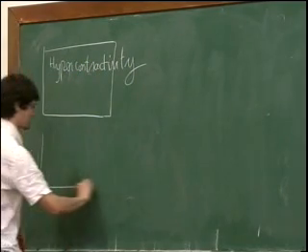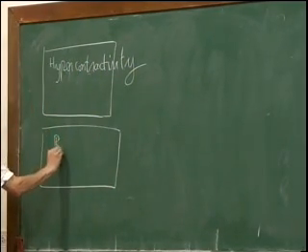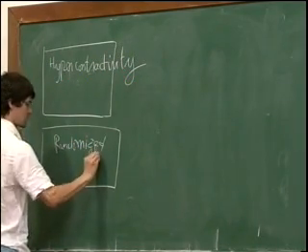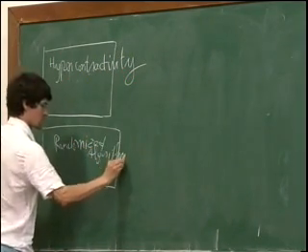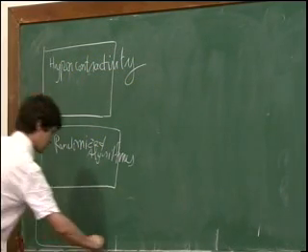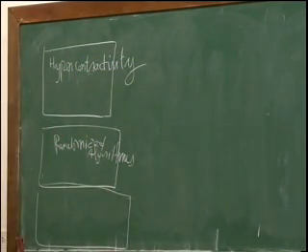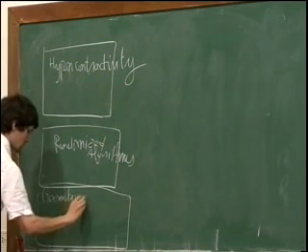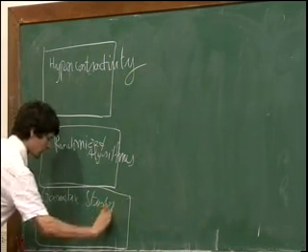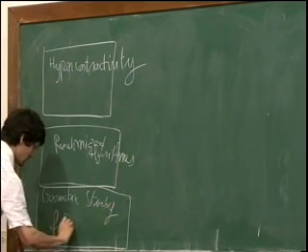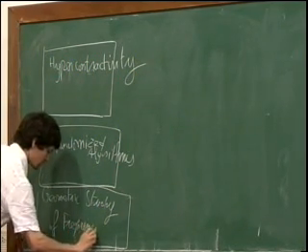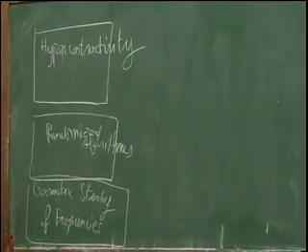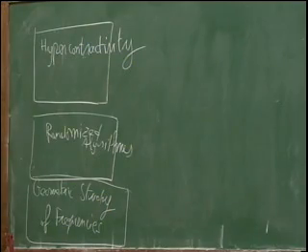Another one will be called randomized algorithm. And the last one will be a geometric study of frequencies in the plane. The nice advantage here is that these three approaches will be completely independent of each other.